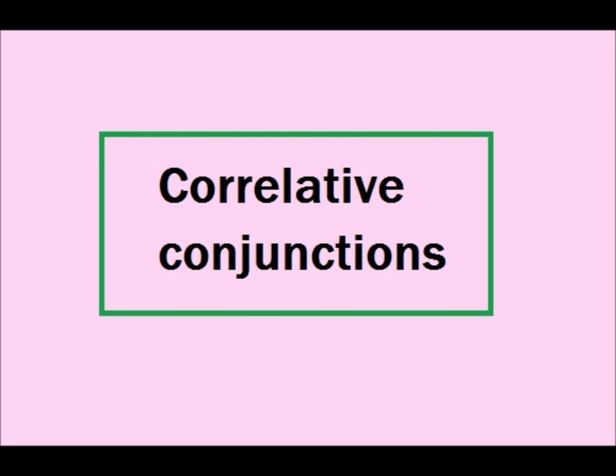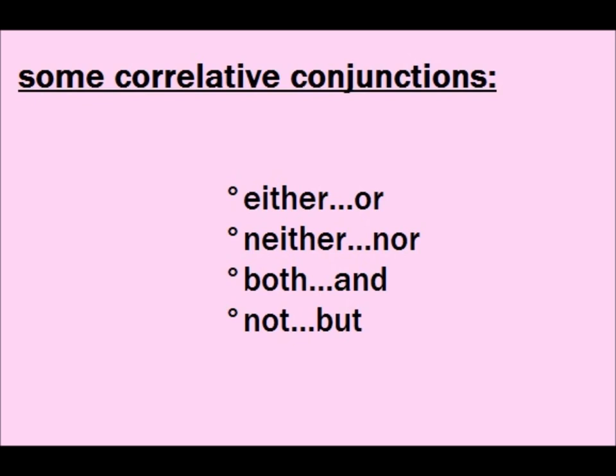In the correlative conjunctions, an additional element appears before the basic conjunction. To exemplify that definition, let's see some of the most common correlative conjunctions: either, or; neither, nor; both, and; not, but.